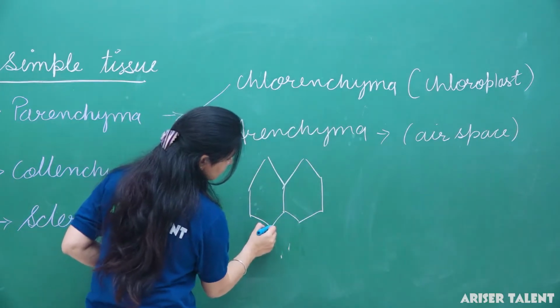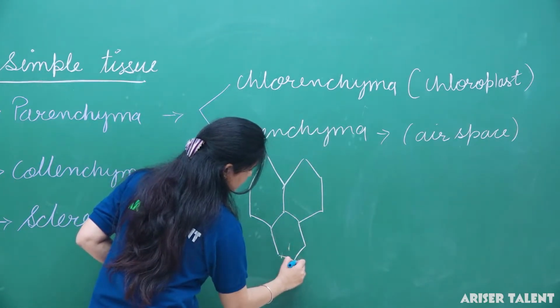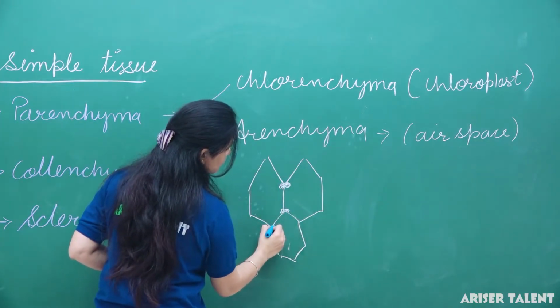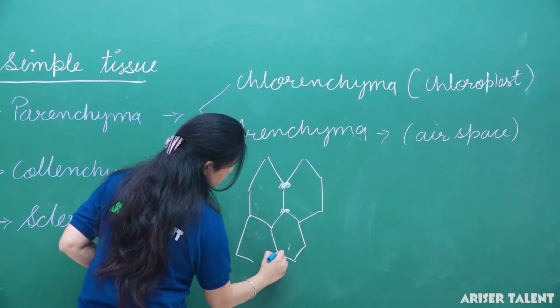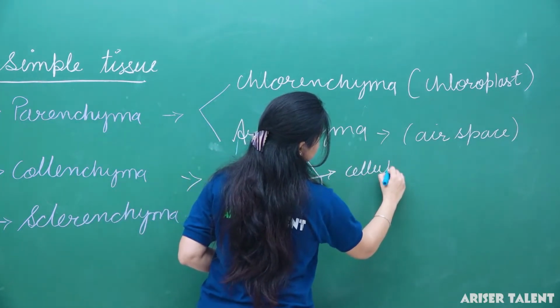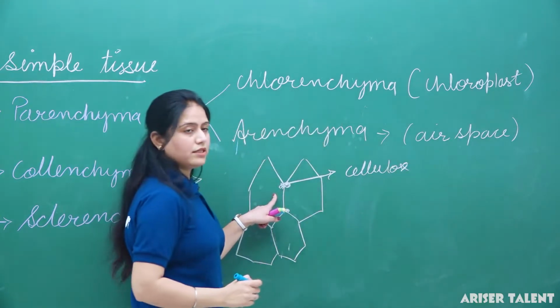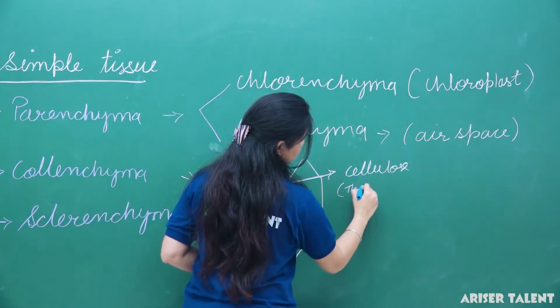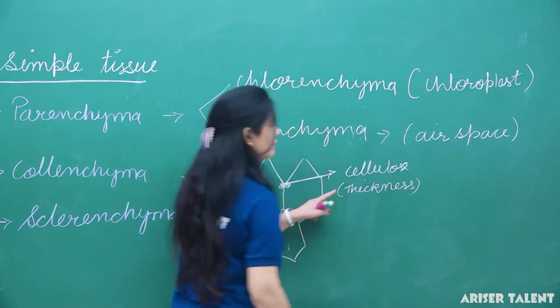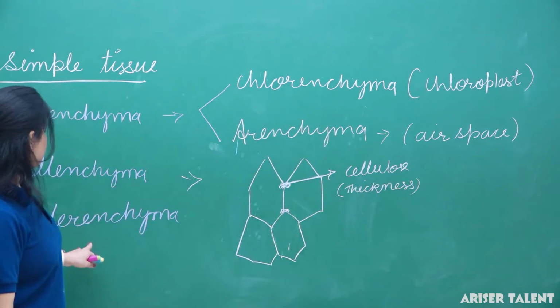They have a thickness of cellulose where the different cells meet. Cells are thickened here. Next is sclerenchyma.